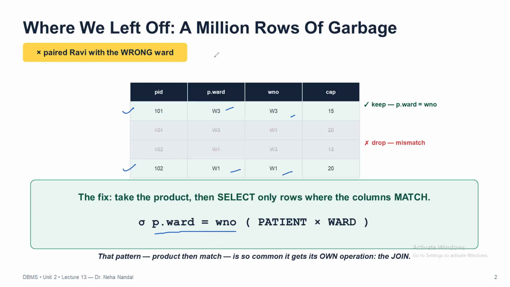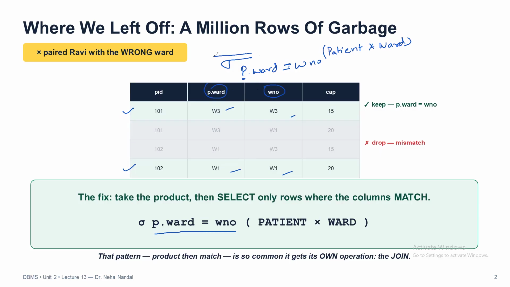So how can we write it, because of the syntax? We write P.ward, where P means we are talking about the patient table, and the column name is given like that, is equal to W.number. W.number is from the ward table. This is the ward table, and this is the patient table. They should match, when we are performing the Cartesian product between patient and ward.